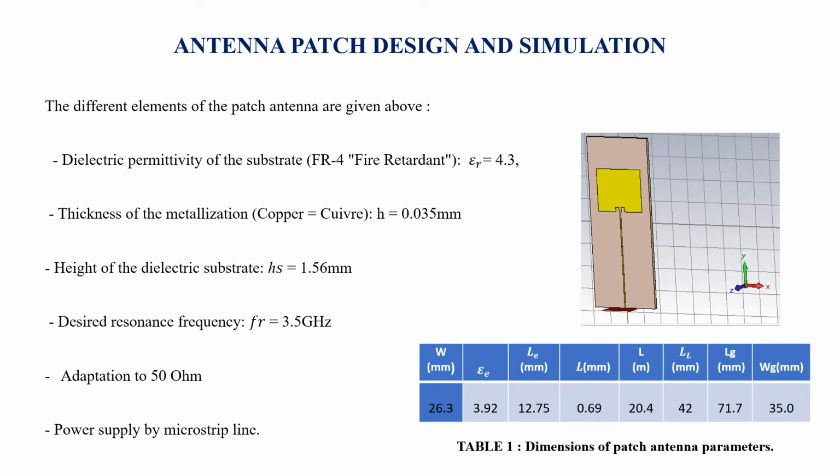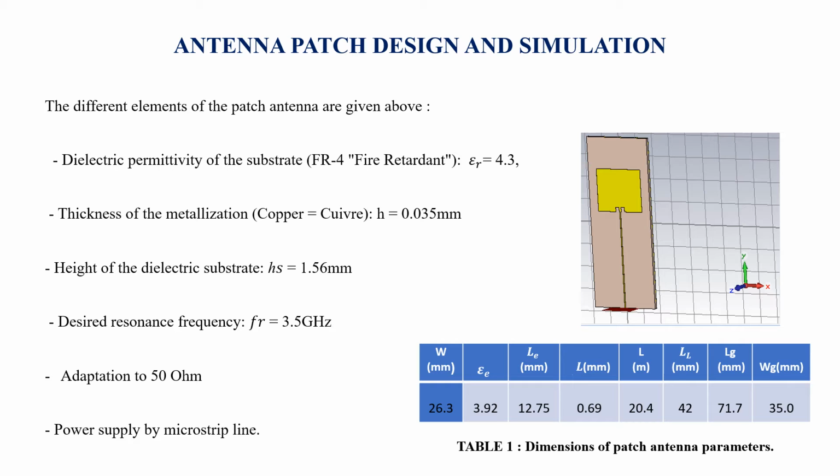Antenna patch design and simulation. The different elements of the patch are given above. The dielectric permittivity of substrate FR4 is equal to 4.3. Thickness of the metallization copper H equal 0.035 millimeters.